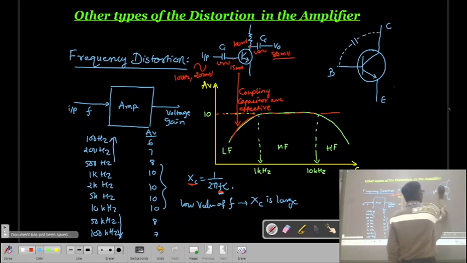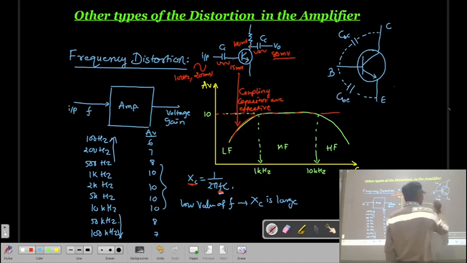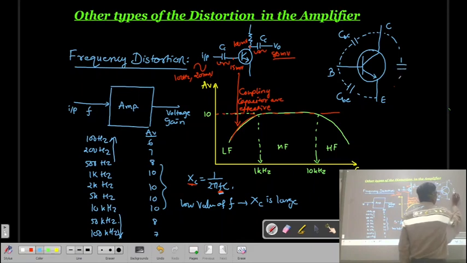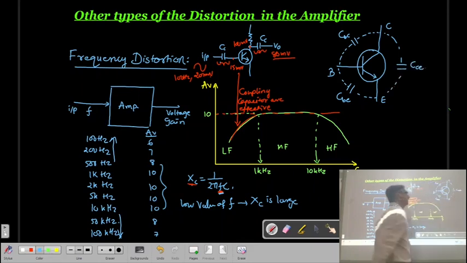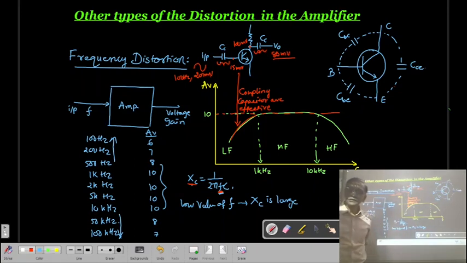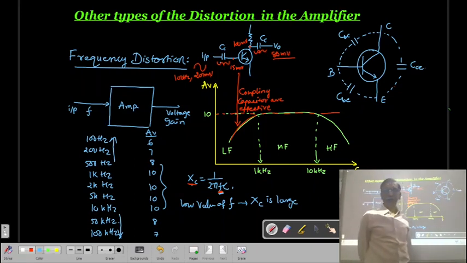Remember, that is known as CBC. Then another capacitor is there between the base and emitter, that is the CBE. And between the collector and emitter, the capacitor effect is there. So this is the CCE. These are known as inter-electrode capacitors.